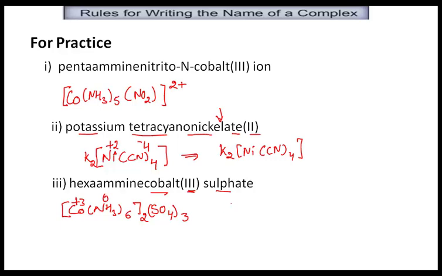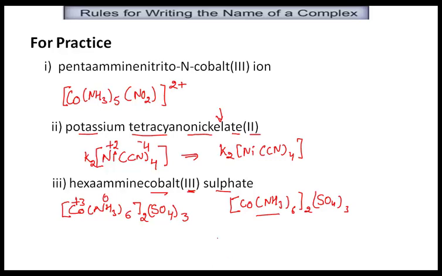So it comes out to be [Co(NH3)6]2 (SO4)3, because cobalt has +3 oxidation state and sulfate carries -2. This will be the formula. Okay, we will discuss more about such complexes later on.